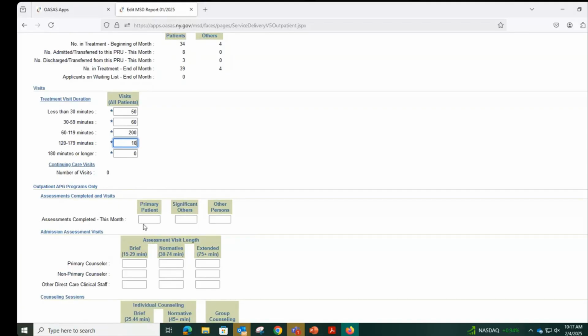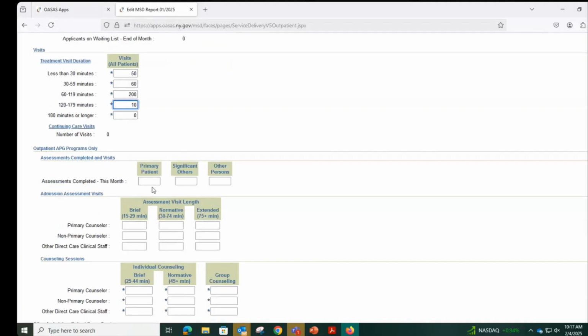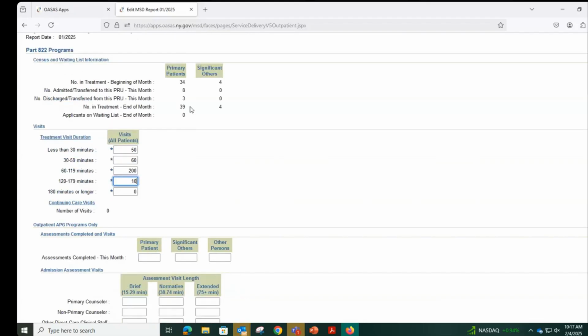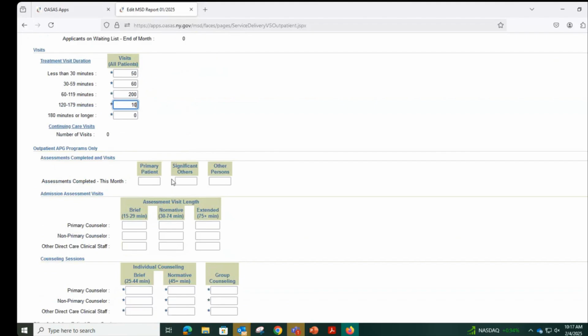Assessments completed. This is the number of basically admission decisions that you made in this program during the month. So we see that we had 8 people come into the program, so I should have at least 8 primary patients here.